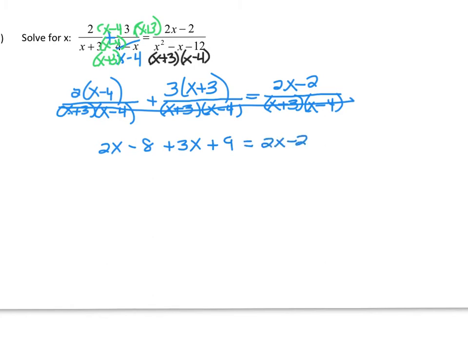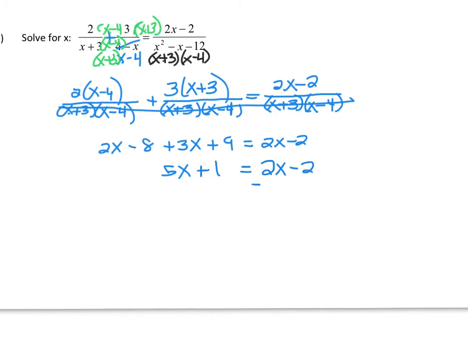All right, so now we're just going to solve. On the left-hand side of the equation, let's combine our like terms. 2x plus 3x is 5x, and -8 plus 9 would be positive 1. Then we'll just bring down the right-hand side of the equation. Since we just have x to the first power, with no exponents or anything, you're just going to get all the x's to one side of the equation and the numbers to the other.